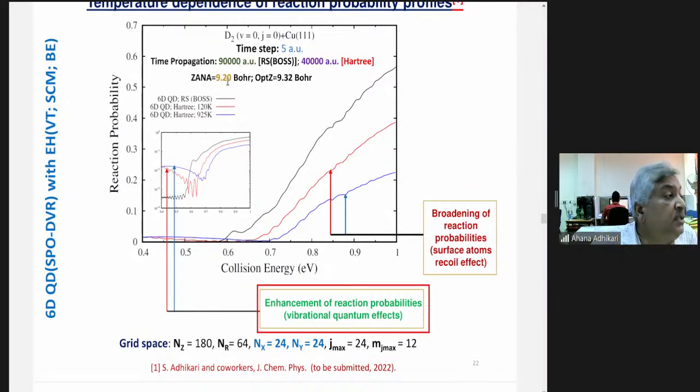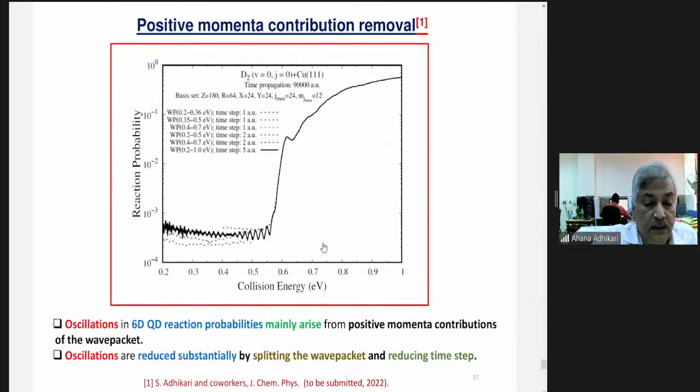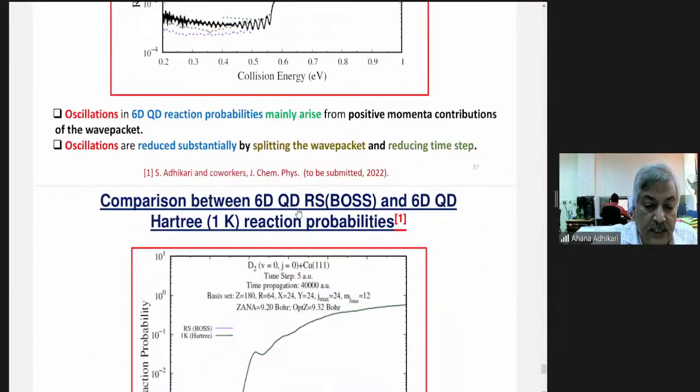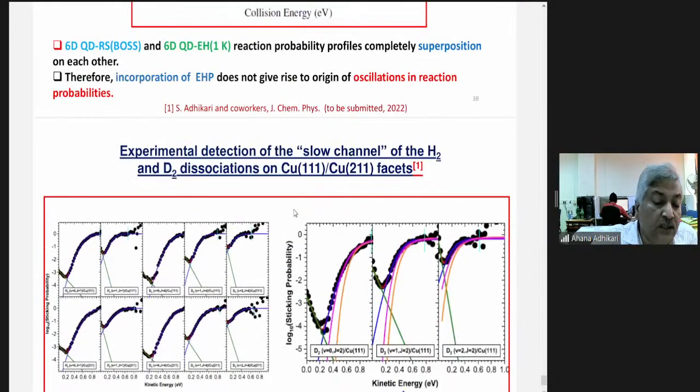The analysis point is 9.2 eV, and the optical potential is like that. This is the rigid surface, this is 120, and this is 925, our theoretical calculation. And you can see, if you do a log plot, you can see the quantum effect. Now, does the quantum effect exist in experiment? Let us see whether it exists or not.